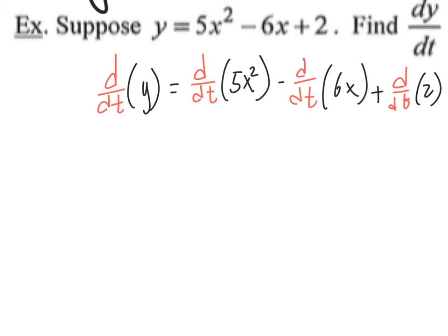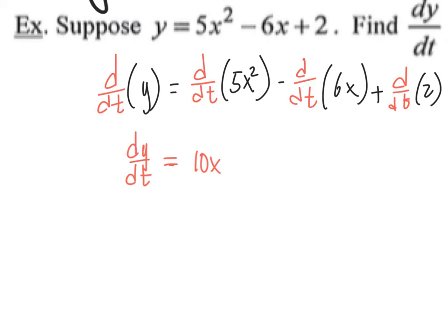So let's go ahead and do that. The normal derivative here would just be 1, so I'm just going to get dy/dt here, okay? dy/dt. And this is equal to, if I took my normal derivative, then I would just get 10x, but then I have to multiply by the derivative of x with respect to t, okay? Because, guys, these don't match. The t and the x don't match.